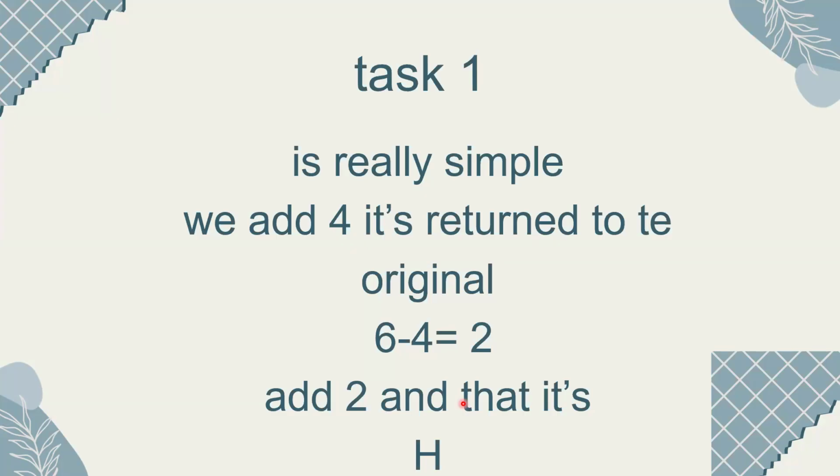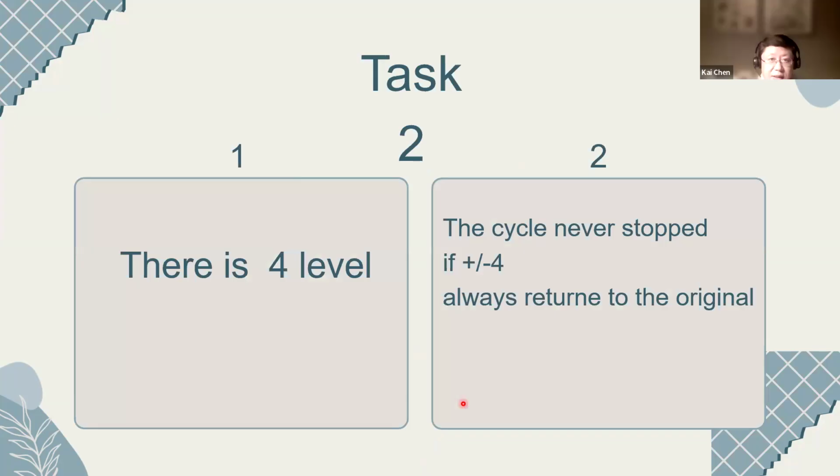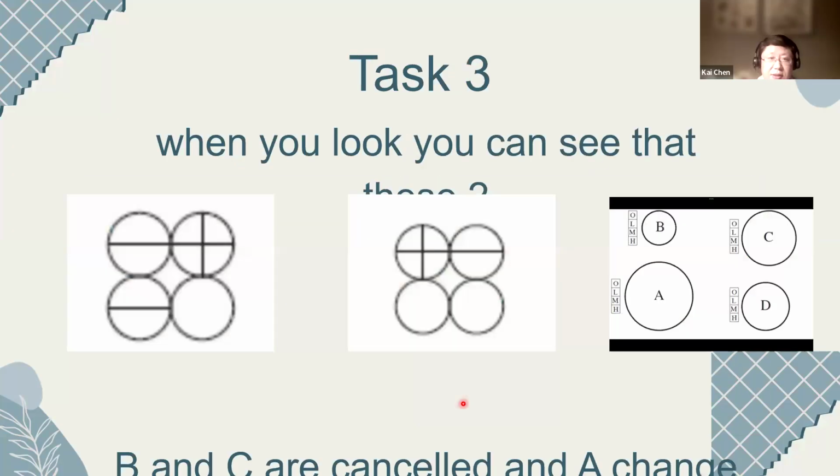So we add 2 levels and it's equal to H. For task 2, it's simple too because we know that there are 4 levels and it's a circle that never stops. So if we add 4 or minus 4, it always returns to the same place.